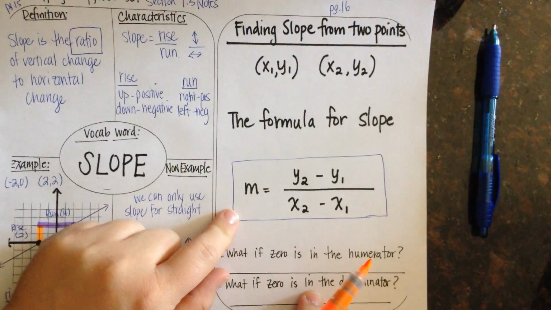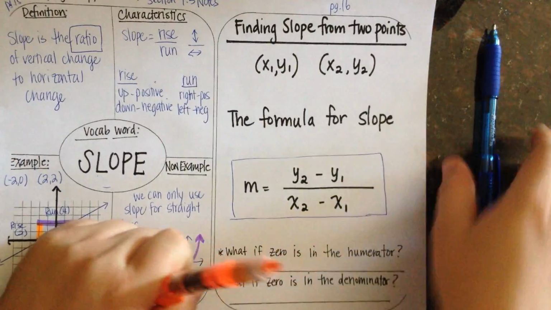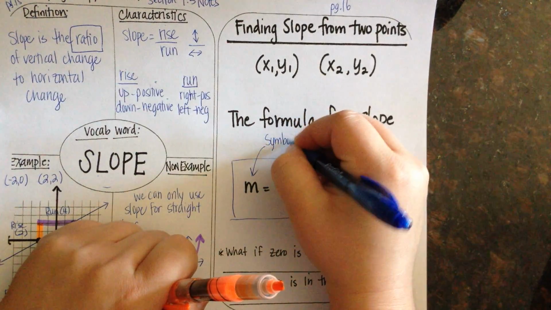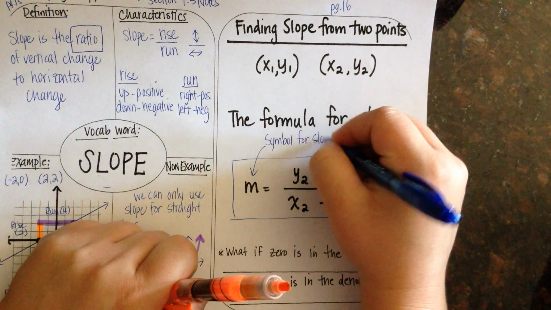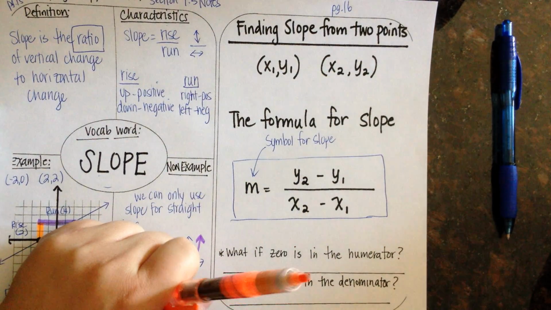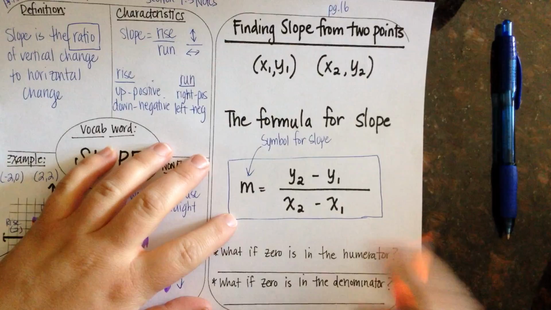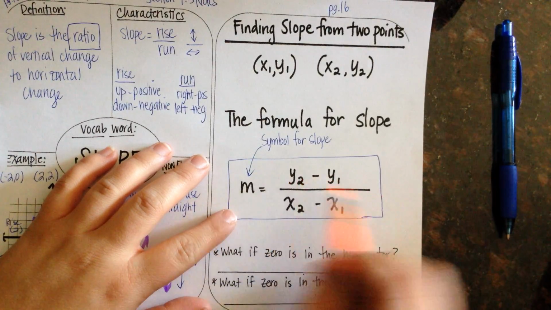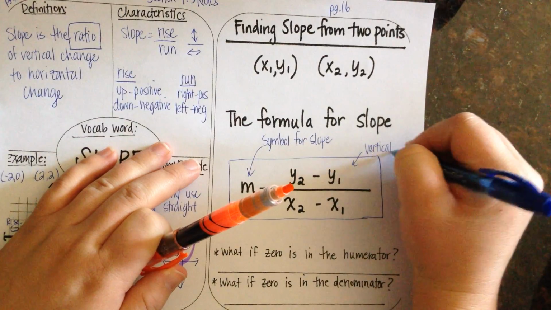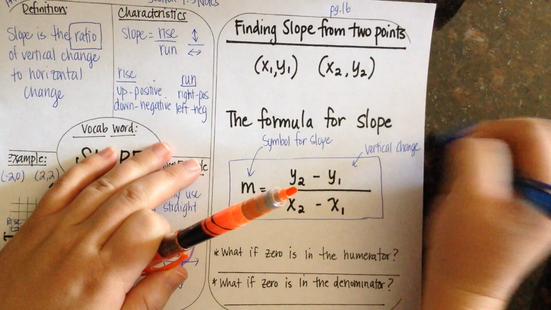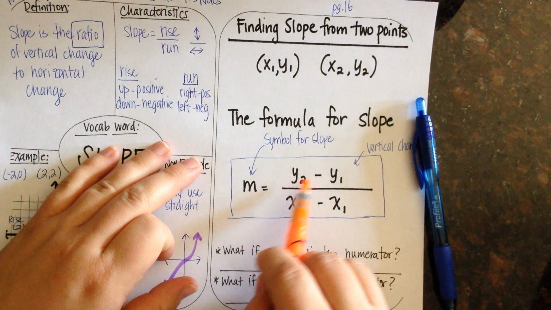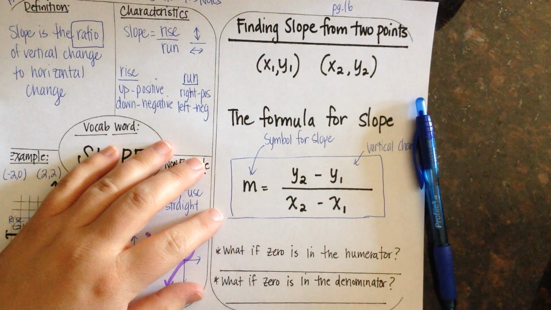If you look down here at your formula, m is the symbol we use for slope. So if you see a problem that says m equals a number, that's telling you what the slope is. In the formula, this is my vertical change: the difference between my 2 y values, y2 goes first minus y1, and you have to watch your negatives.